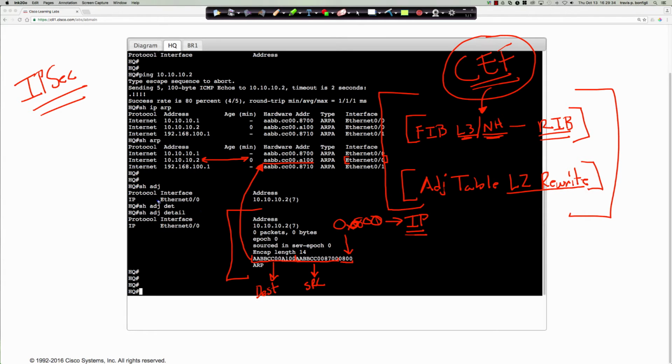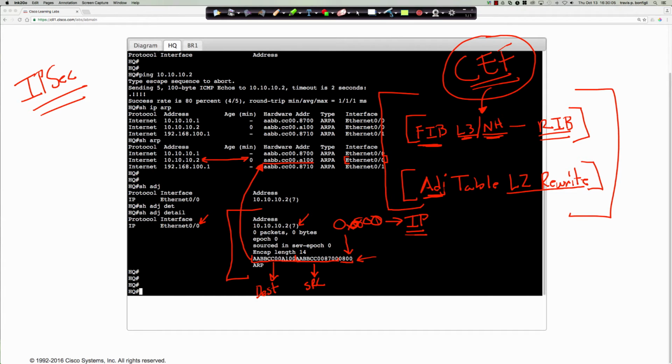Again, that show adjacency detail shows me the adjacency table, and I can see the outgoing interface information and all the layer 2 rewrite information for the MAC address header. It's all pre-computed based off of the information from the FIB, from the RIB, which populates the FIB, and the ARP cache, which populates our adjacency table.